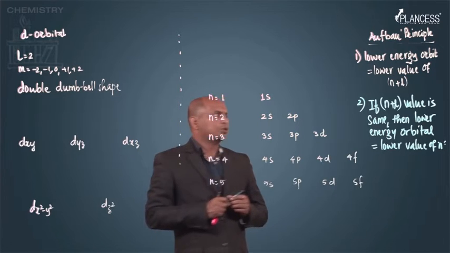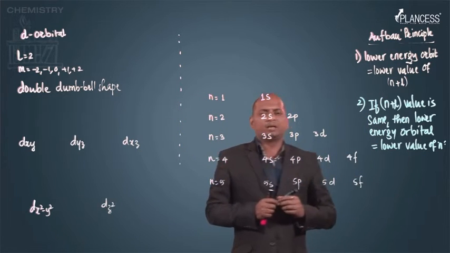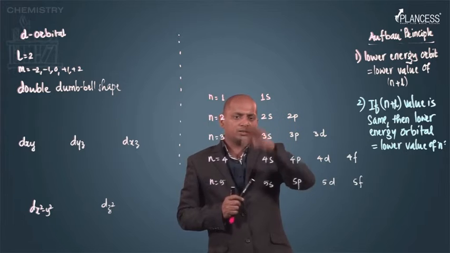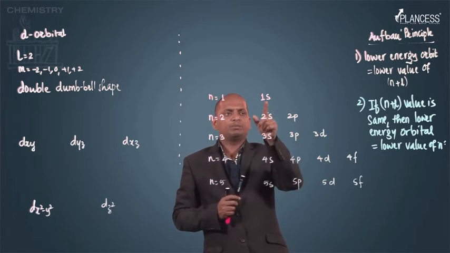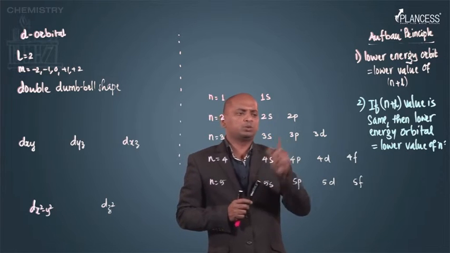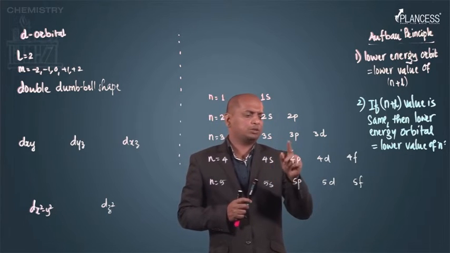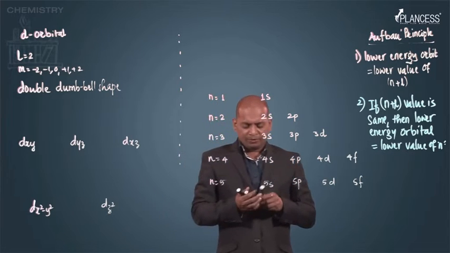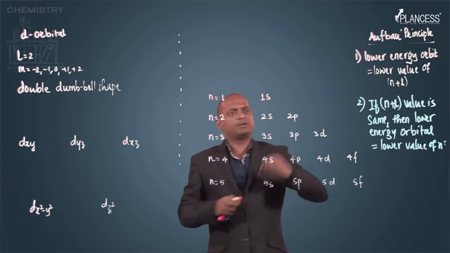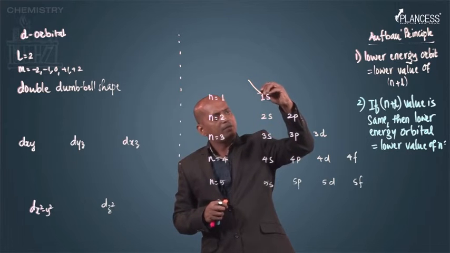Lower value of n plus l means the one which has the least value, 1s: 1 plus 0, 2 plus 0, 2 plus 1, 3 plus 0, 3 plus 1, 3 plus 2, like that. So obviously the first electron enters the 1s orbital.